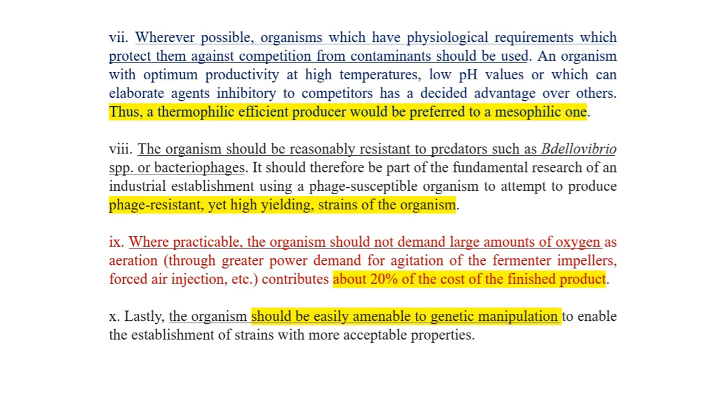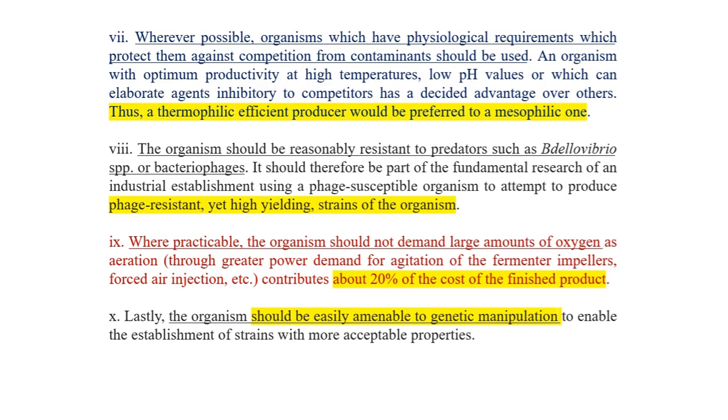For example, if you want to increase the copy number of the plasmid, if the enzyme or some other secondary metabolite is plasmid-borne, you can increase the copy number of the plasmid of the particular organism, or otherwise modify the genetic composition by recombinant DNA technology. That should be possible for your organism. So choose the organism based on that. If you want to go for further steps, it may be very easy.